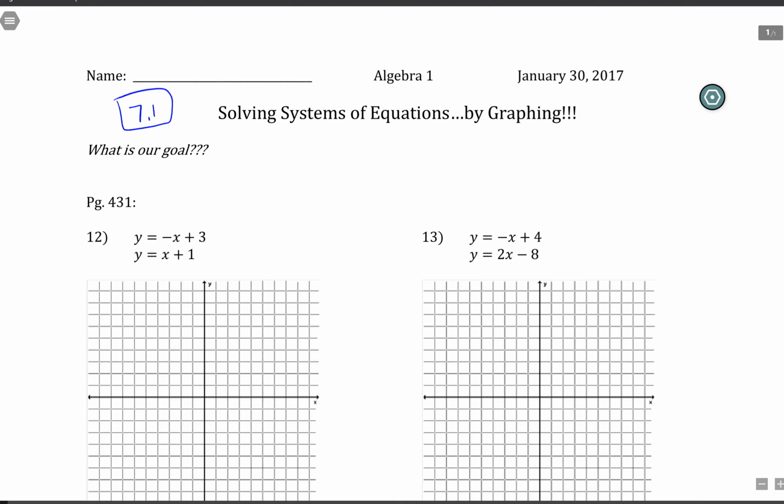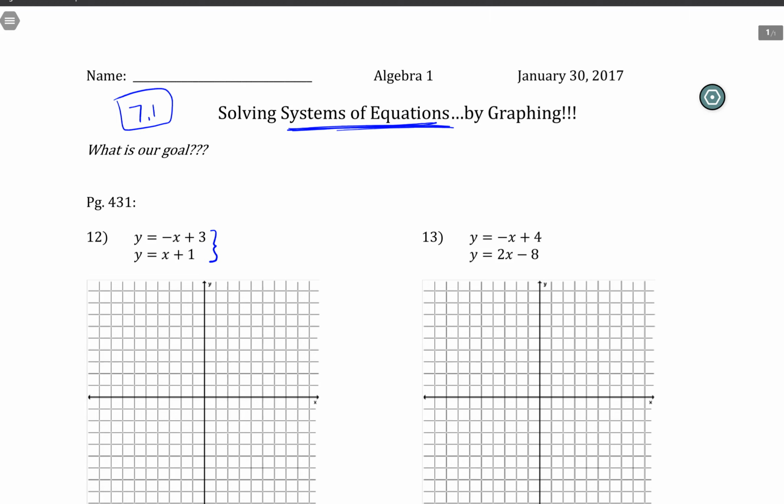So today we're working on section 7.1, the introduction to the systems of equations chapter. It's introducing that we can solve these systems of equations, two variables, by graphing. At its base, systems of equations really is finding the intersection of two lines.